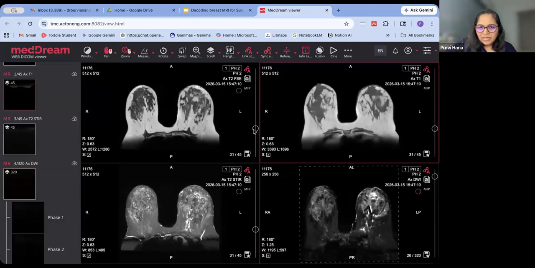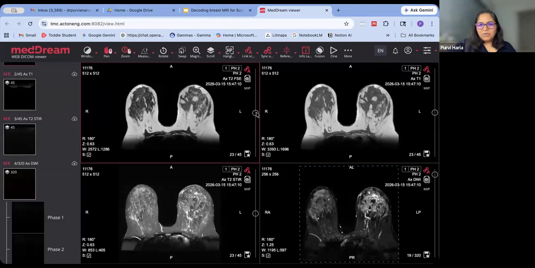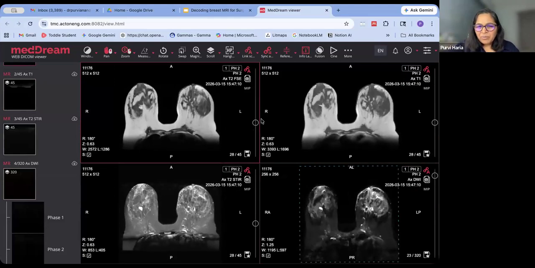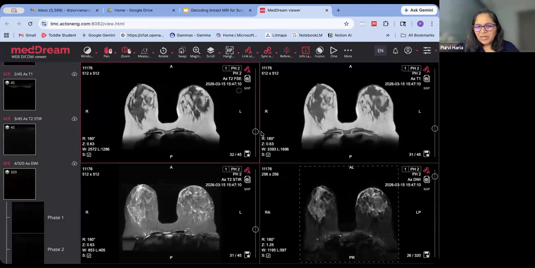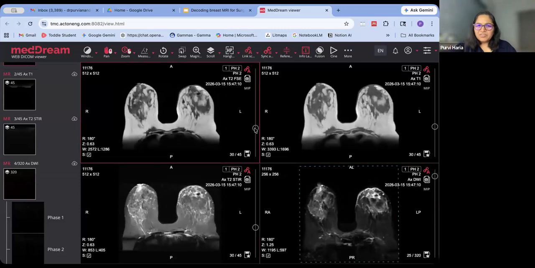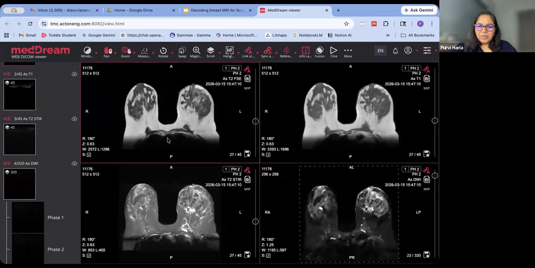So again, if I go to see the fibroglandular parenchyma, it is very heterogeneous to extremely dense fibroglandular parenchyma. Now this is my T2-weighted images. I see this subtle area or mass which is here.